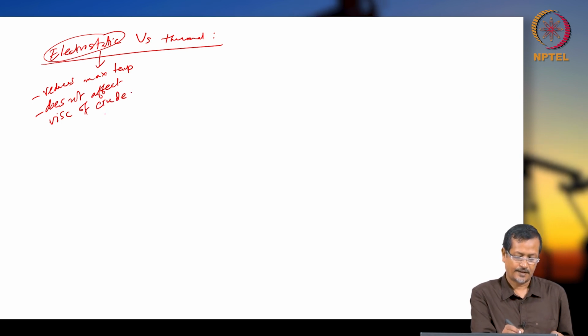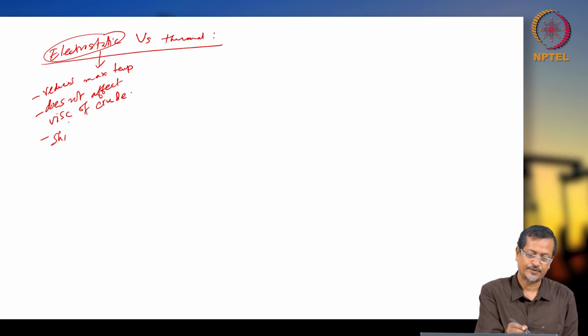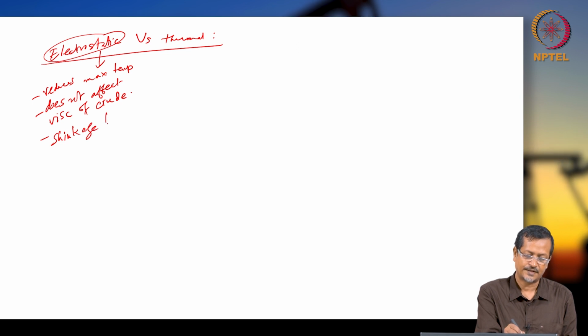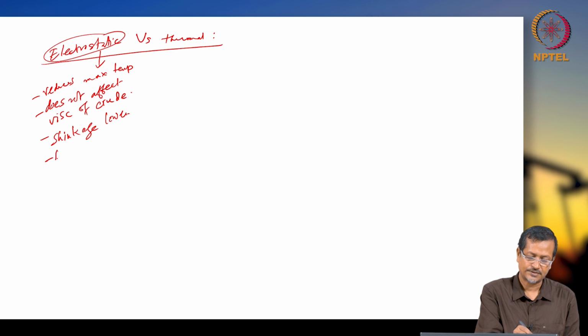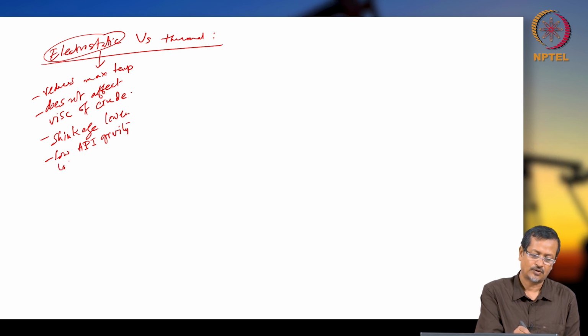It gives lower shrinkage, because the temperature is lower, so shrinkage is lower. Low API gravity loss.